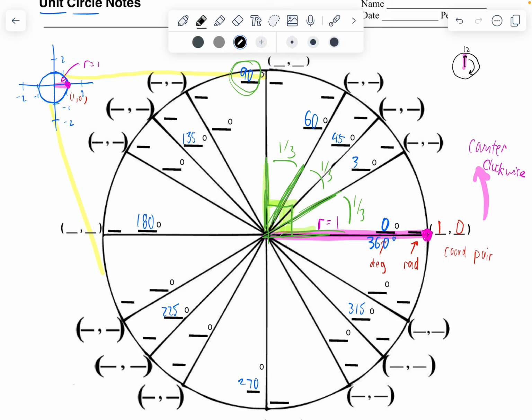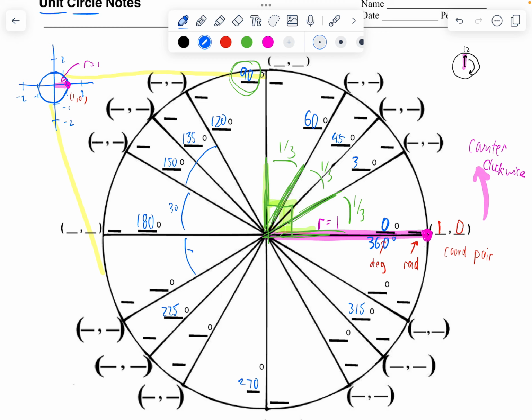So I have 30 plus another 30 is 60, plus another 30 is 90, and then 90 plus another 30 degrees is 120. And then 120 plus another 30 degrees would be 150. And 150 plus another 30 degrees is 180.